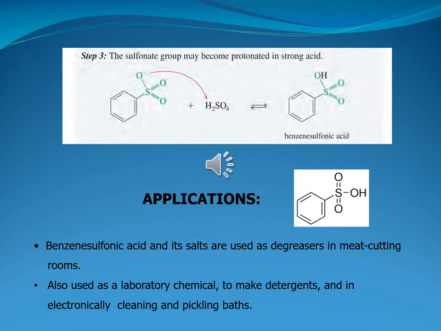Let's see the applications of benzene sulfonic acid. Benzene sulfonic acid and its salts are used as detergents, as degreasers, and in meat cutting rooms. It is also used as a laboratory chemical to make detergents and in electronic cleaning and pickling baths. In the pharmaceutical sector, it is used as an inactive ingredient in active pharmaceutical drugs, as antimicrobial preservatives, antifungal agents, and tablet and capsule lubricant.